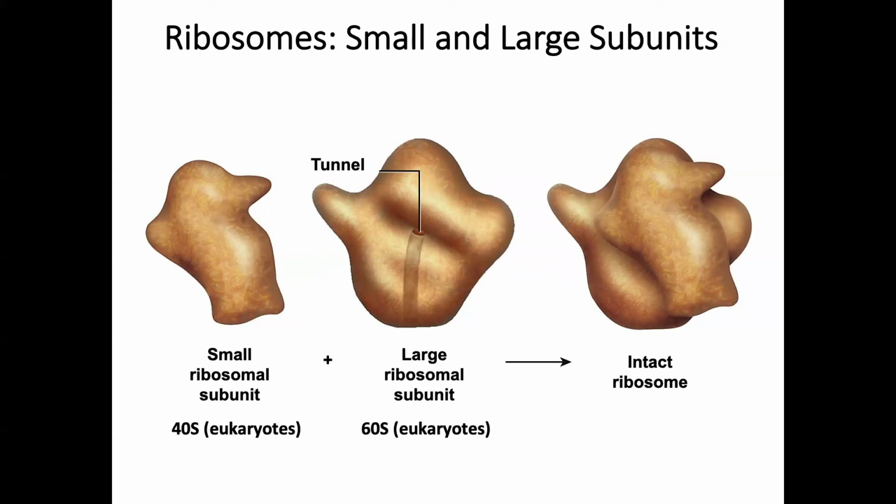This slide shows three-dimensional models of the small and large subunits of the ribosome. The tunnel shown here is where the growing peptide chain exits the ribosome during translation. One special feature of the ribosome is that it is also called a ribozyme, meaning that RNA molecules can have the ability to catalyze specific biochemical reactions.